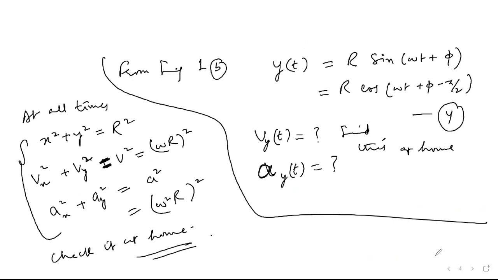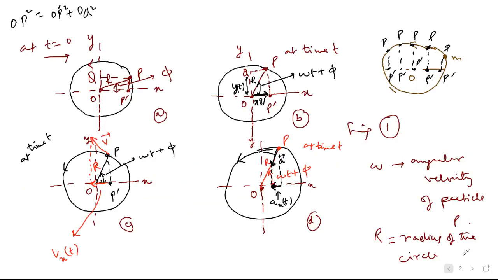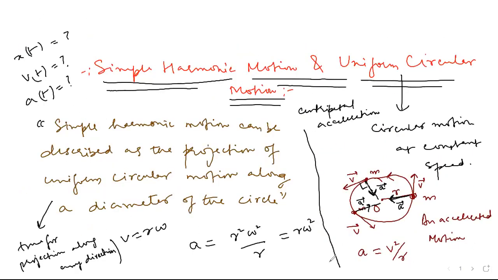That has a proof. You can check that, Google that. That's not the issue. The conclusion is, one, that simple harmonic motion can be described as a projection of uniform circular motion along a diameter of the circle.